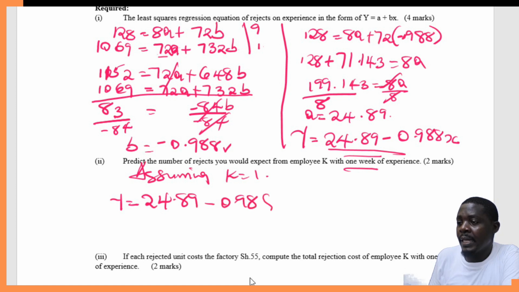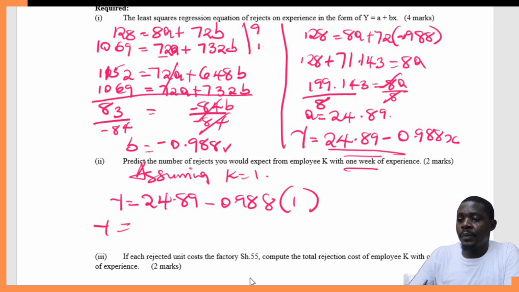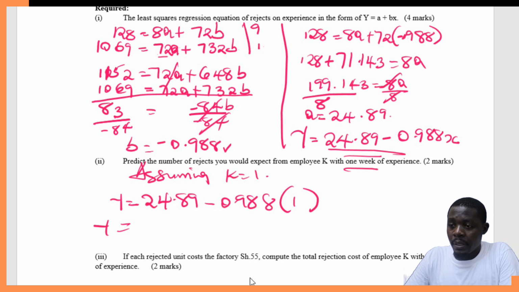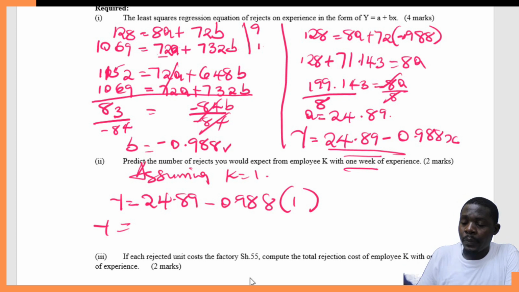So y is equal to 24.89 minus 0.988, which is going to be 23.90.